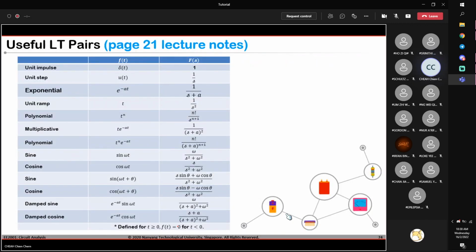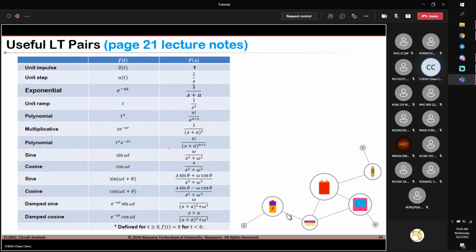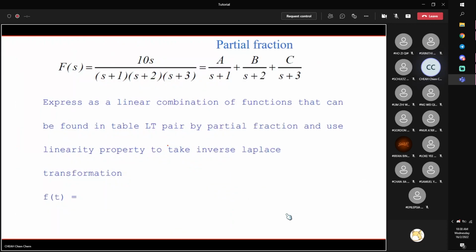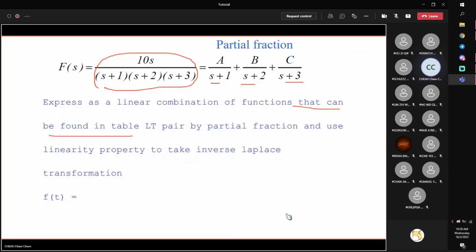If you search through the table, you cannot find any terms like this, correct? But remember your linearity property. The key idea is to try to express this term as a linear combination of those terms that can be found in the table.